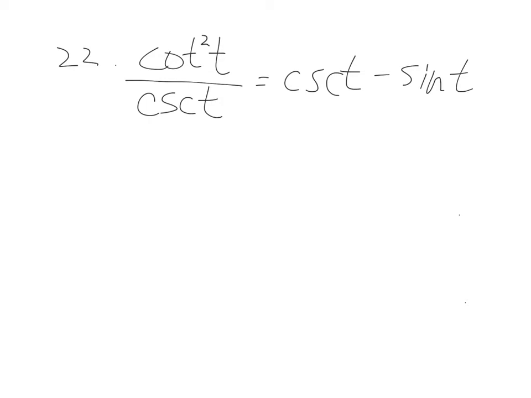Now, this gets into a more interesting conversation about what's the more complicated side. On 16, it was quite obvious that the left-hand side was more complicated. Here, there's a little more nuance, because if we look at the left-hand side, you ask, what would I have to do to the left-hand side to make it look like the right-hand side?